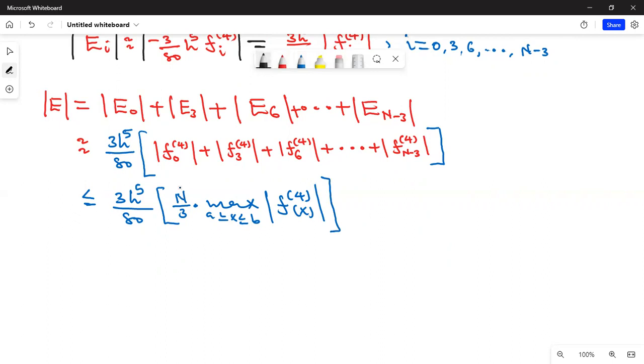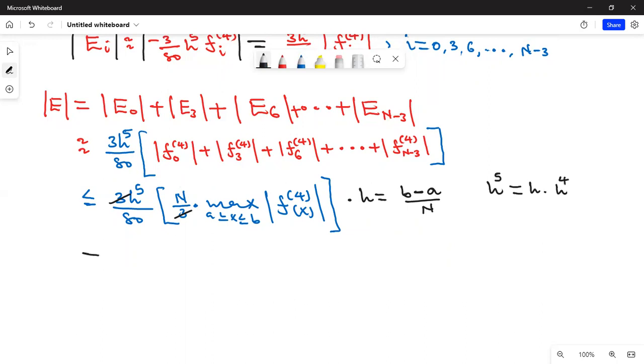So if you work out, you see 3 will cancel with 3. So this can as well be written as, and remember that h is the same as b minus a over n, so that where we have h raised to 5, that can be written as h times h raised to 4.